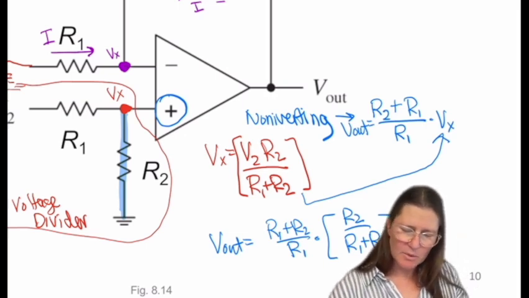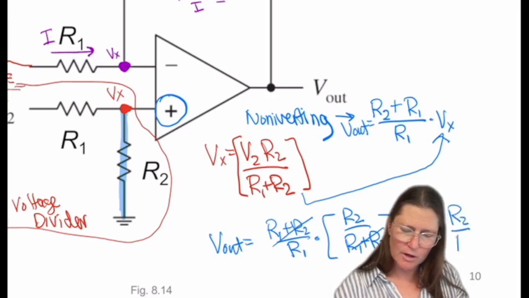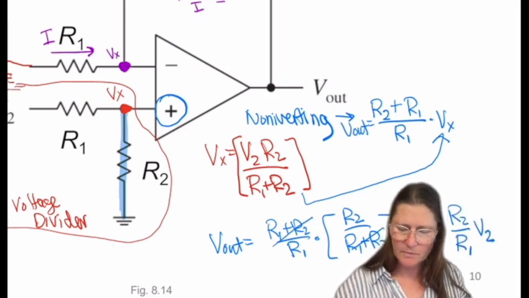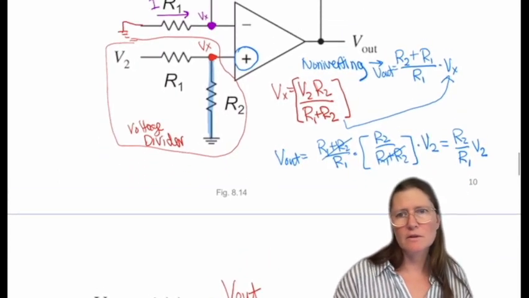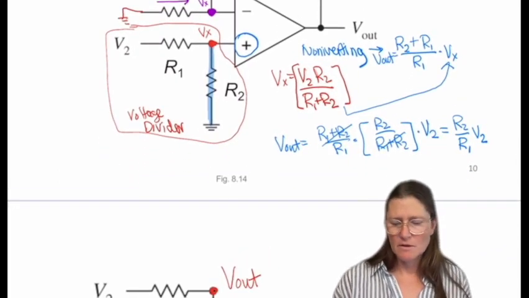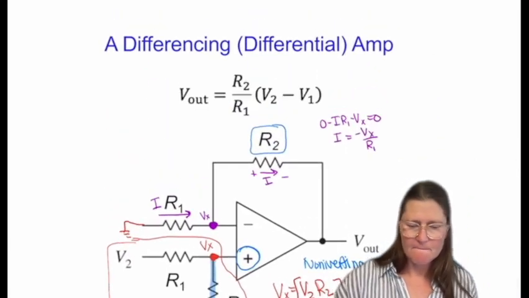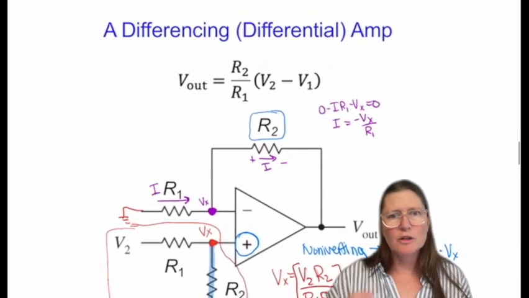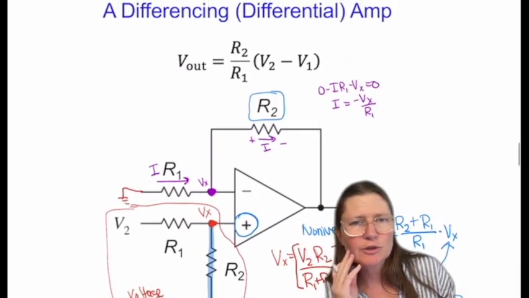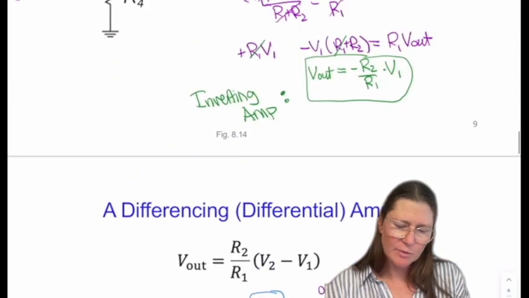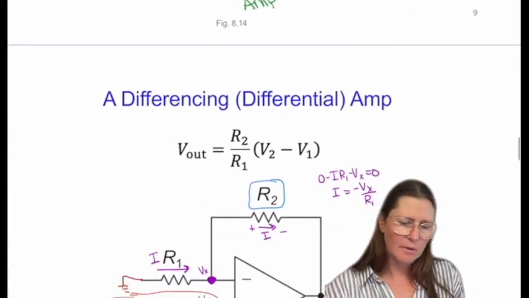So this ends up being, with these the same value, these cancel and I get R2 over R1, V2. So summing these together gives you R2 over R1 for V2, which is a plus, and then this one was a minus. So minus V1.